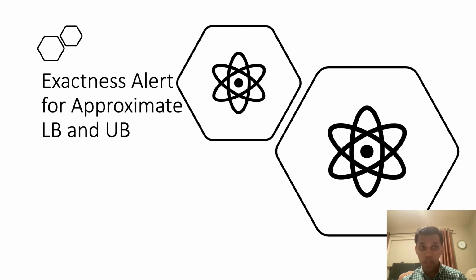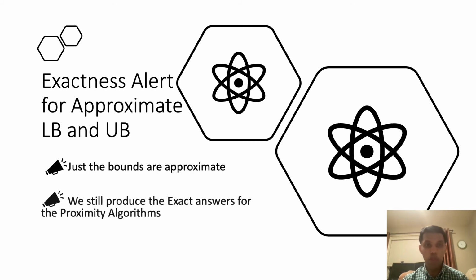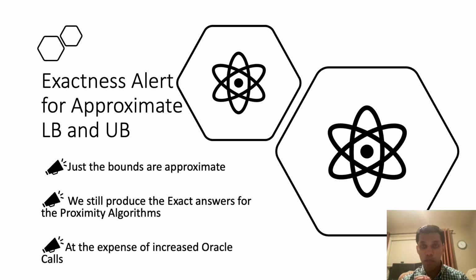Here comes the exactness alert once again for the approximate lower and upper bounds. We relaxed the tightness of the bounds, but we still do not compromise on the quality of the results that the proximity algorithms produce. We are producing the exact same answers as the proximity algorithm generally produces, at the expense of extra oracle calls, which are marginal.